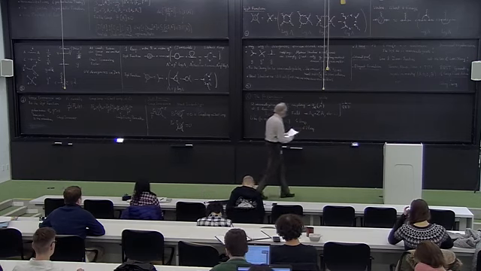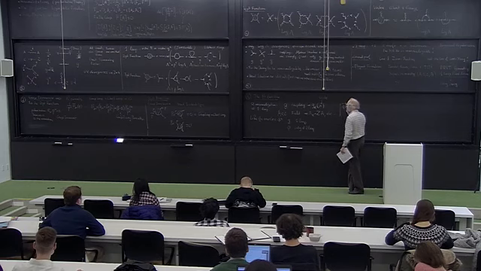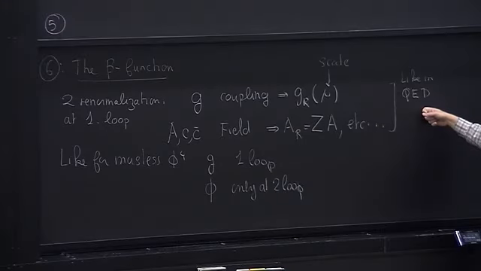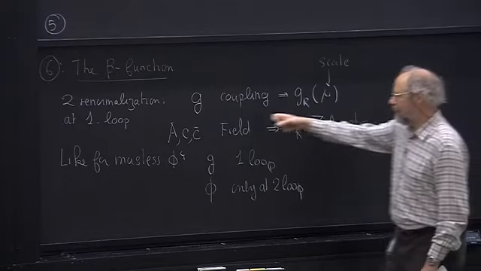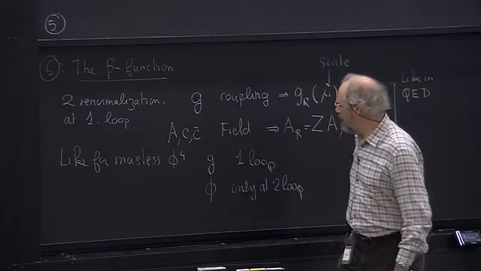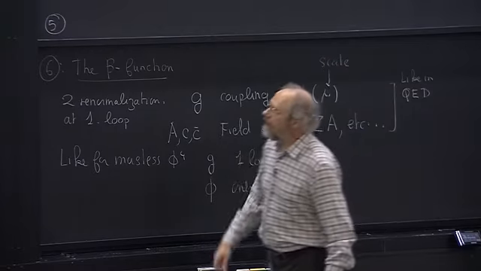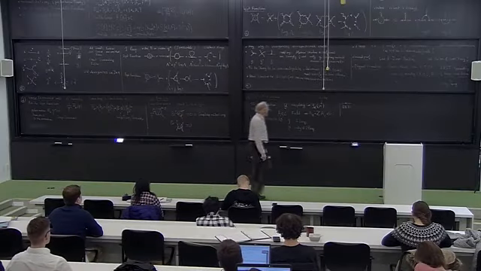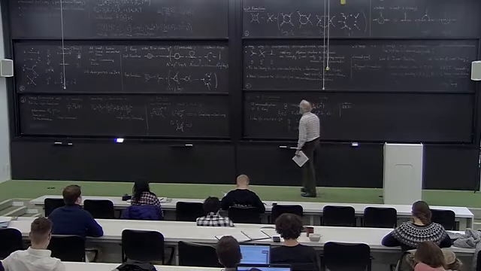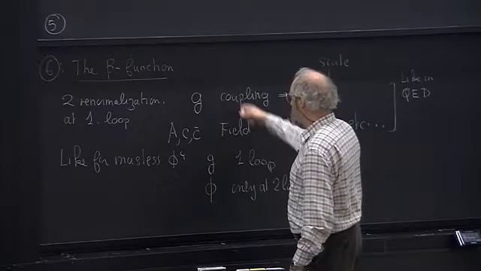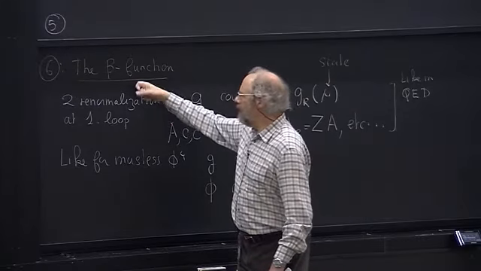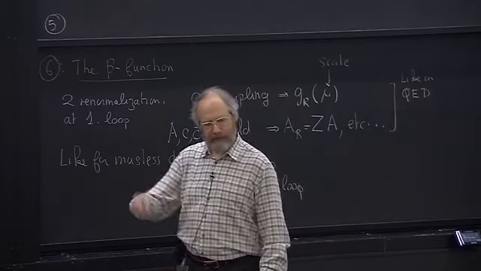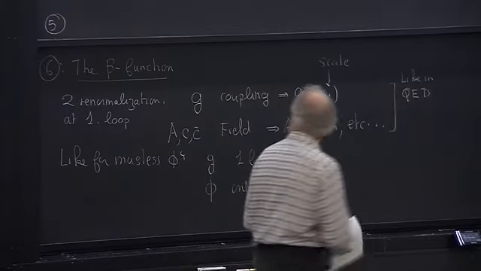The only difference with QED is that QED is a free theory if it's not coupled to fermions, so it doesn't require renormalization. But if you couple it to fermions, both the charge and the electromagnetic potential have to be redefined. While for Yang-Mills theory, this renormalization is needed and occurs even if you have no coupling to fermions, because the fields are self-interacting.